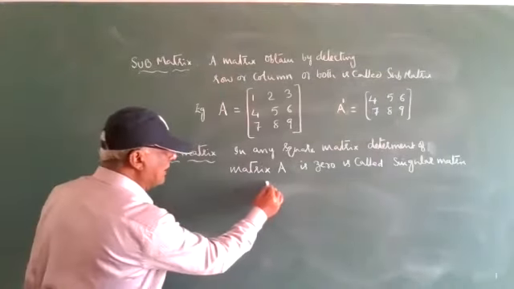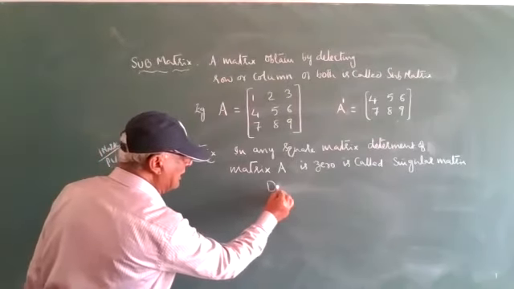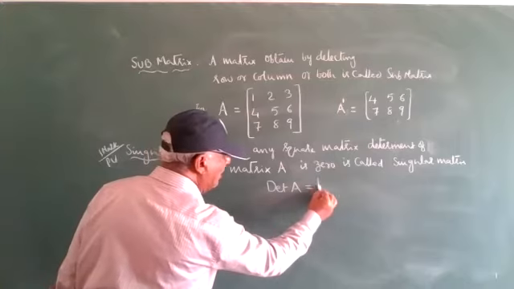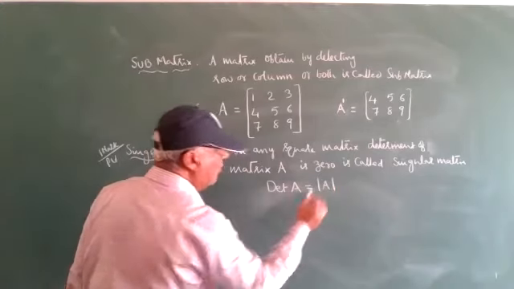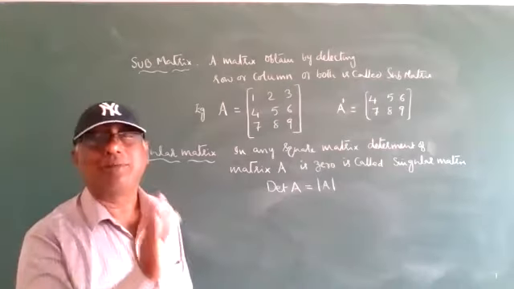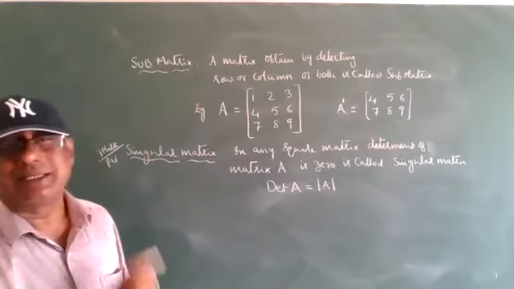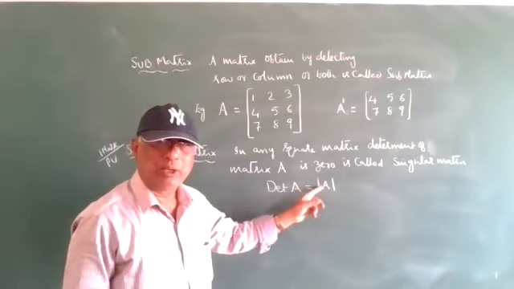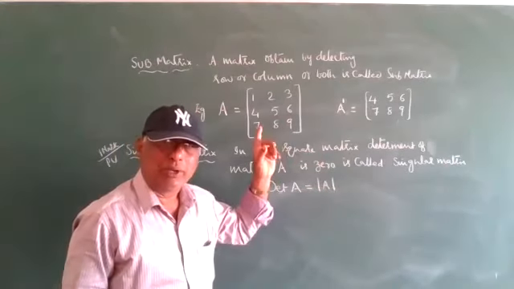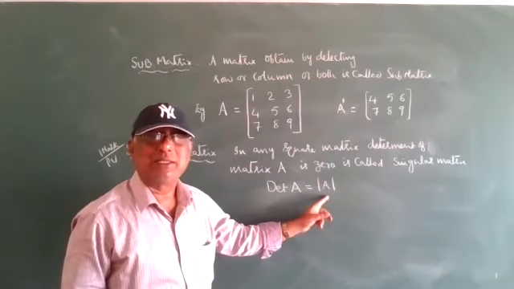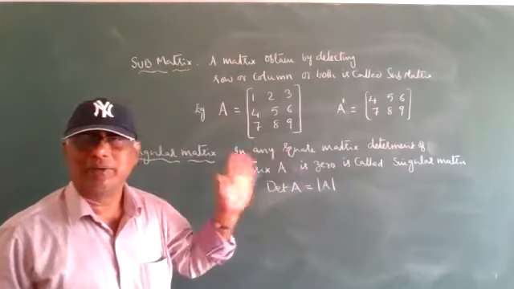Determinant is simply represented by det of the matrix, or the two lines around A. Two lines can be used as modulus, but in matrices it is a determinant.